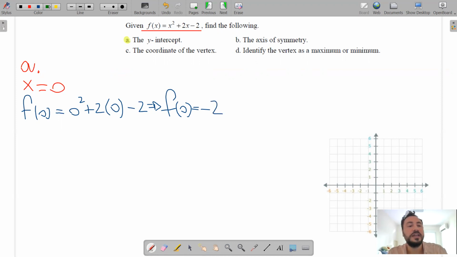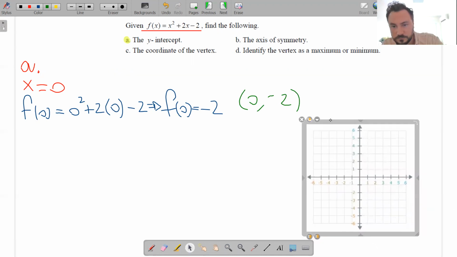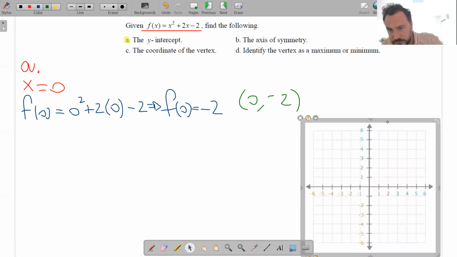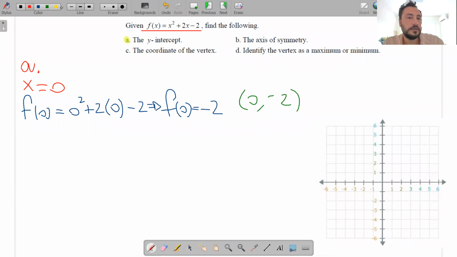So the coordinate of all this will be just (0, -2). So in our possible drawing here, my y-intercept on the graph will be right here.